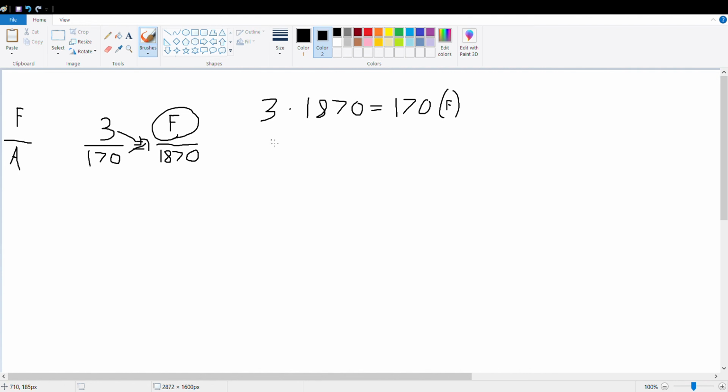So now we start and run through our problem. 3 times 1,870 would give us the result of 5,610 equals 170 times F. So again, the key with these is we need to get F by itself, so we have to divide by 170 because it's the opposite of multiplication.